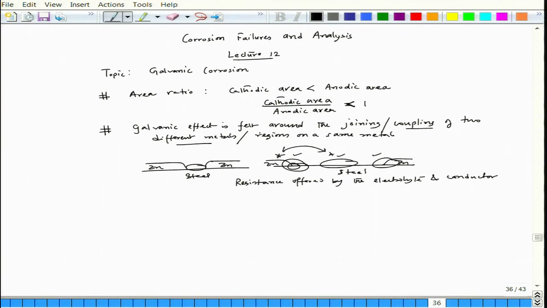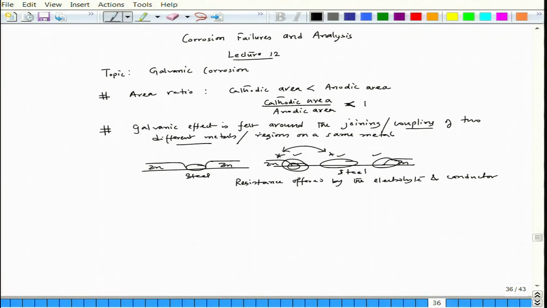So, between these two there is a large path that electron needs to migrate. That time electron will feel resistance, and that resistance would avoid or minimize galvanic effect.